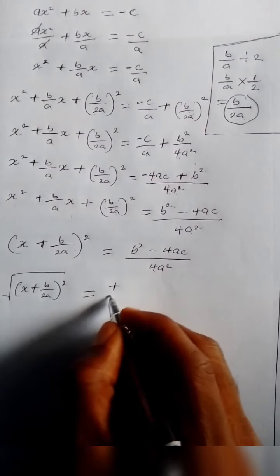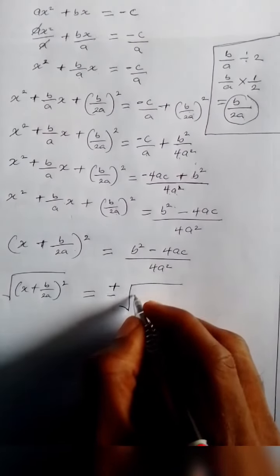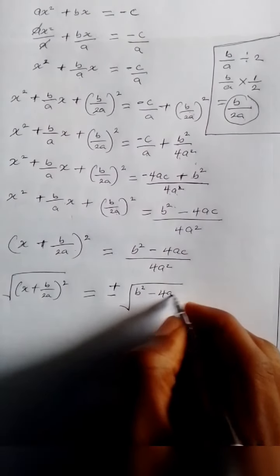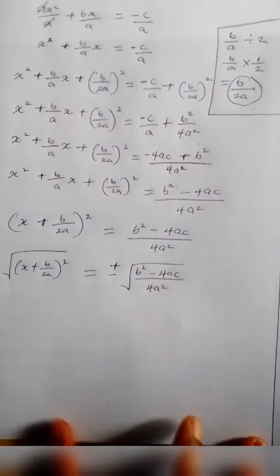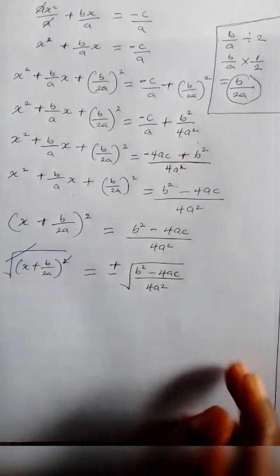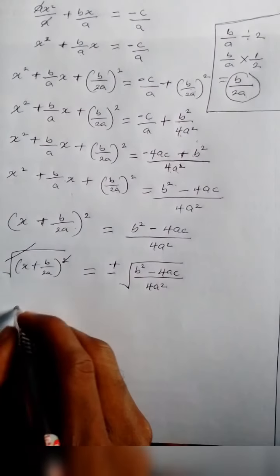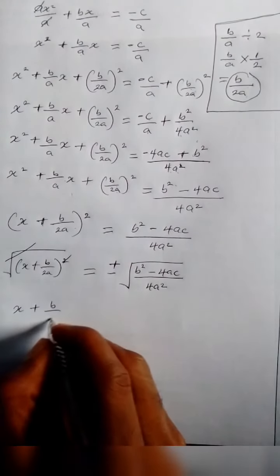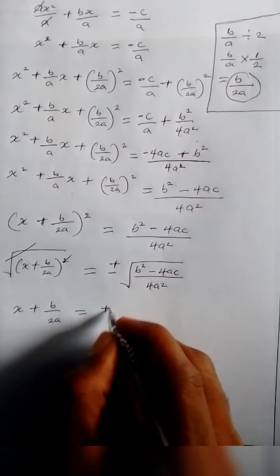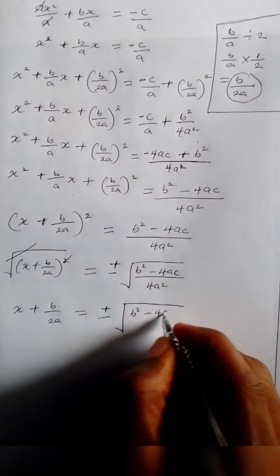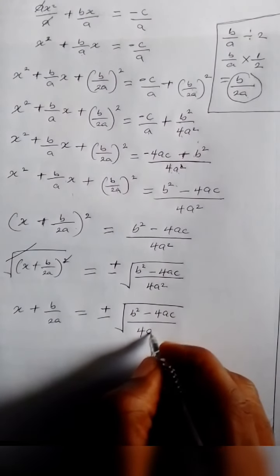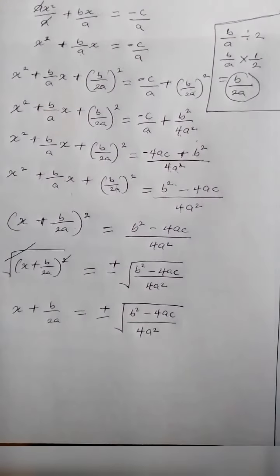So we add plus or minus while taking the square root of b squared minus 4ac over 4a squared. Right? Square root cancels square. We have x plus b over 2a equal to plus or minus square root of b squared minus 4ac over 4a squared.